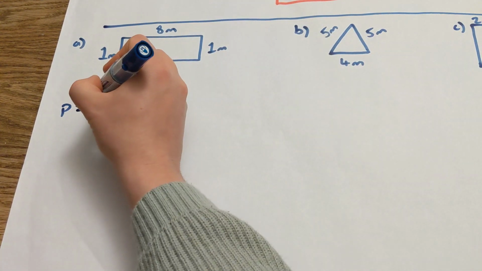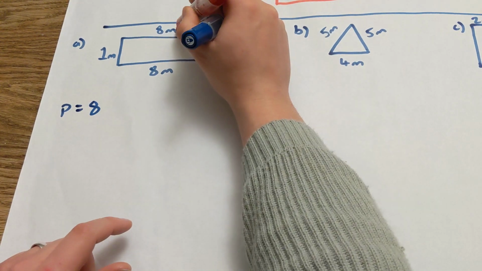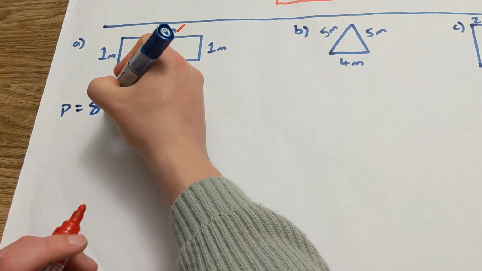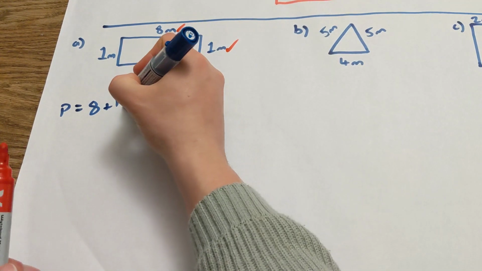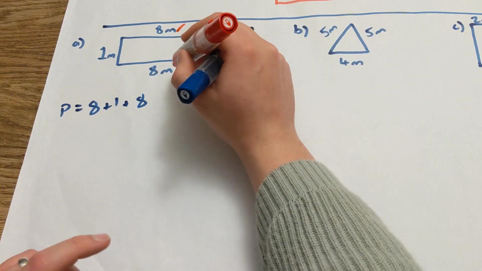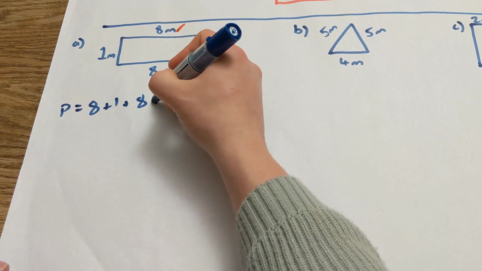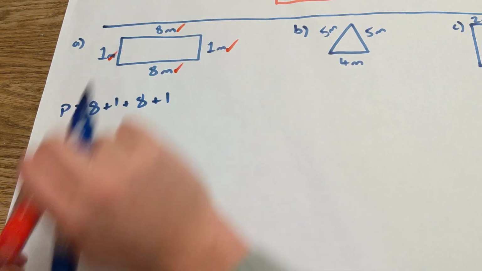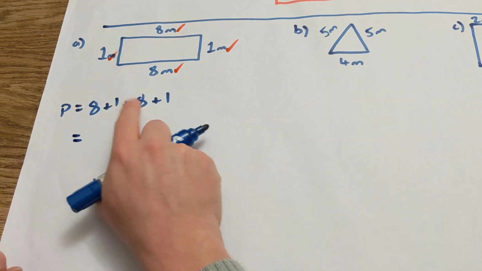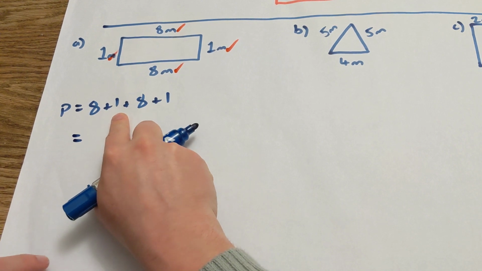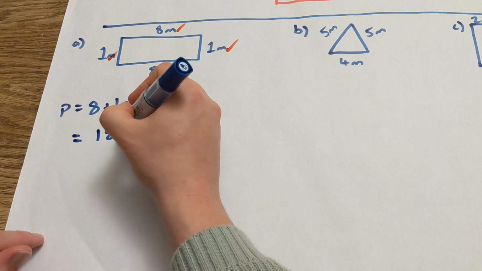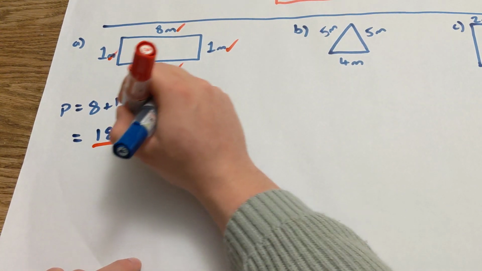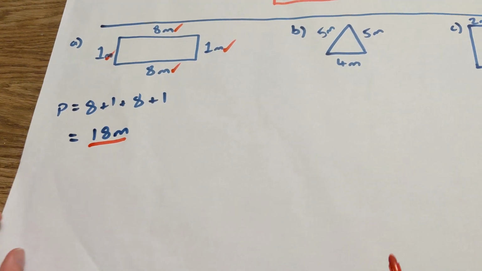So we've got 8, that's that one dealt with, plus 1, plus another 8, then plus another 1. So that gives us a total of 8 plus 1 is 9, plus 8 is 17, plus another 1 is 18 meters is the perimeter of our shape.